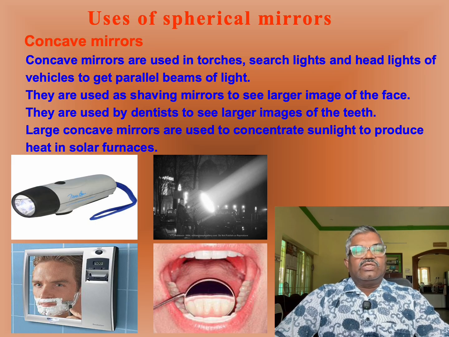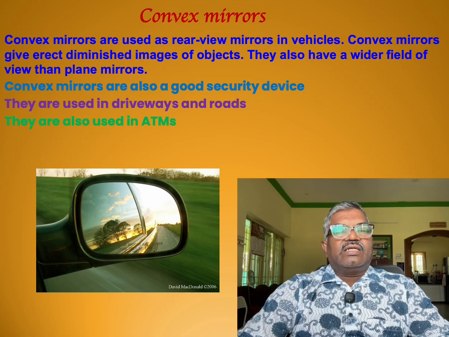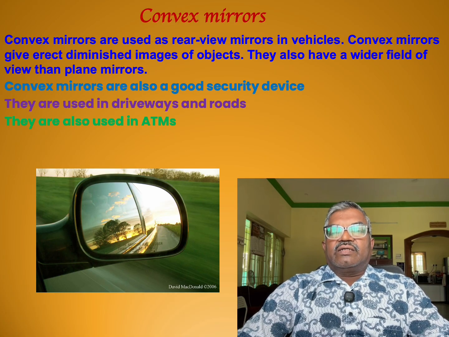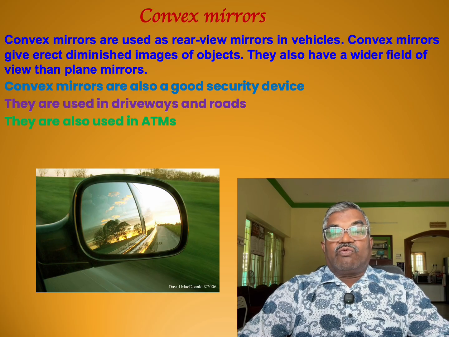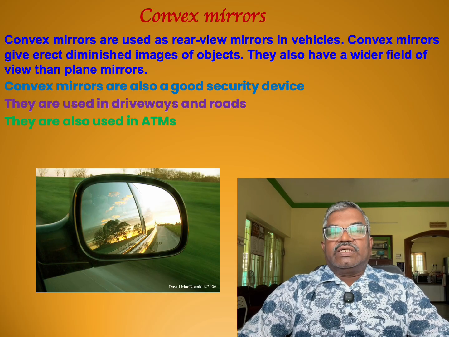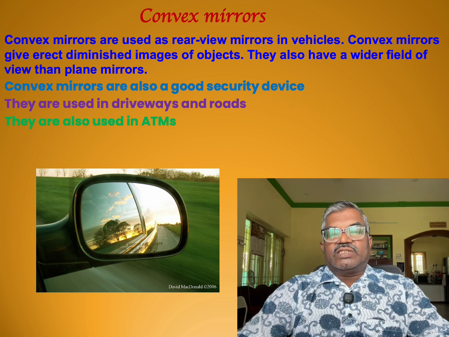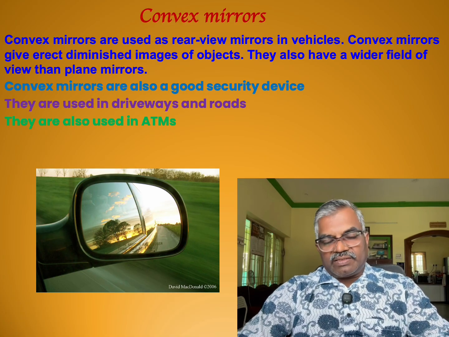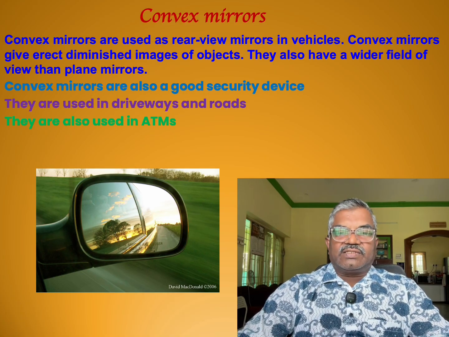These are the uses of the concave mirror, and now some uses of the convex mirror. Because they have a wider field of view, being curved outwards, they are commonly used as automobile side mirrors and rear view mirrors. That rear view mirror in an automobile is a convex mirror.